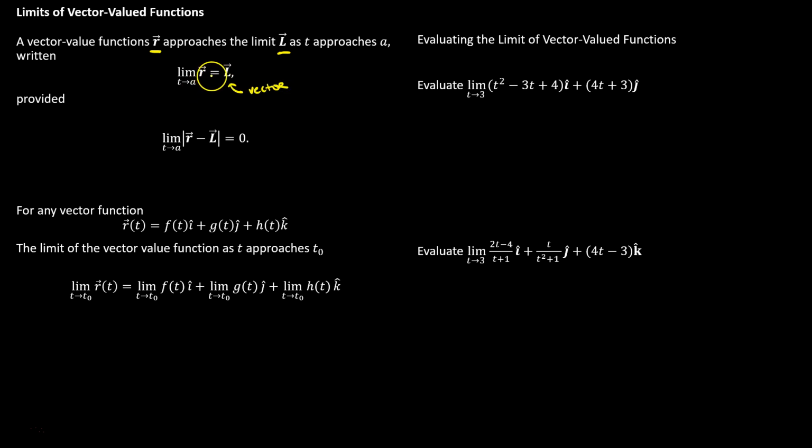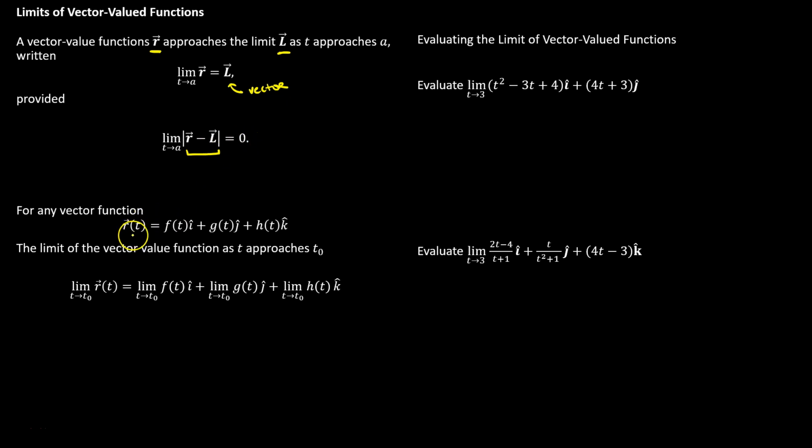And this limit is true so long as the distance between these vectors, or the magnitude of the vector difference r minus L, gets infinitely small as t, the parameter, approaches some value a. So this is saying that when I let the parameter get close to a, the vectors r and L get infinitely close, so close that the distance between them is 0.